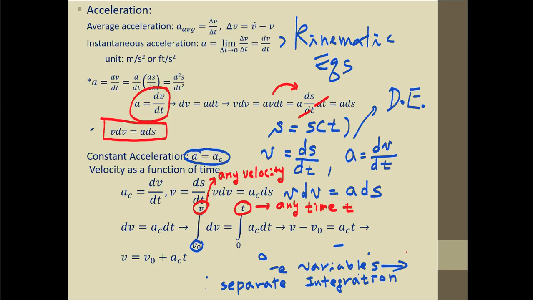Whereas on the right-hand side, a_c is simply constant. So integrate the left-hand side first. The antiderivative of 1 with respect to v is v. So the left-hand side is v.